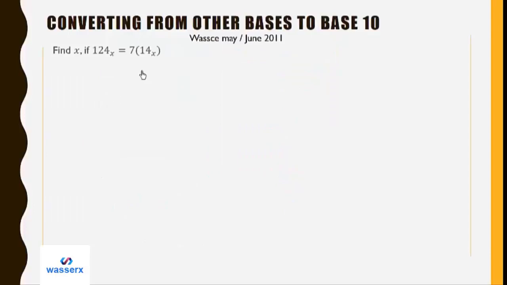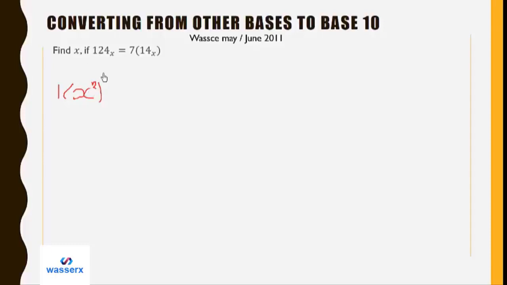Now let's convert from other bases to base 10. To do that, we need to find the value of their digits and add them. So that is how we convert from other bases to base 10. So we multiply 1 by the base, which is x, to the power 2, that is the value of 1.